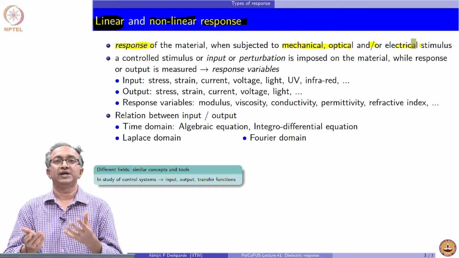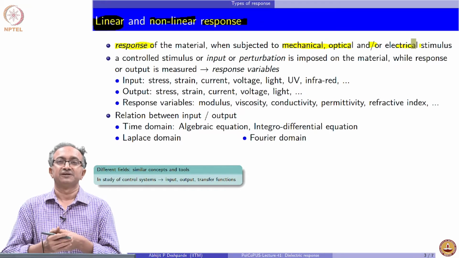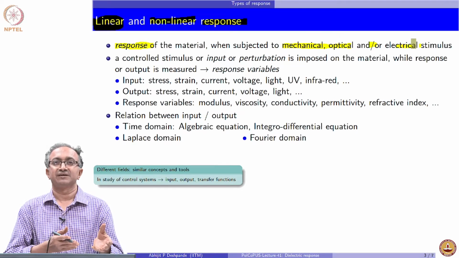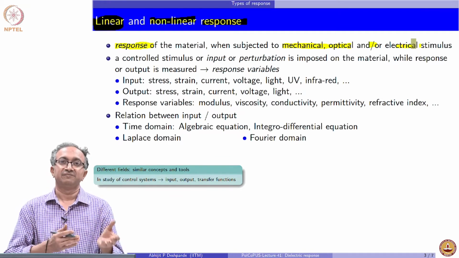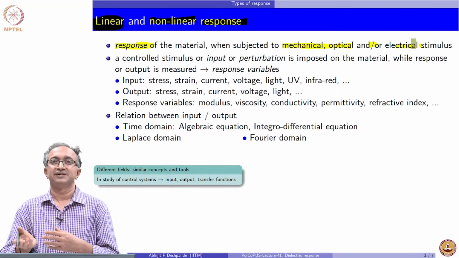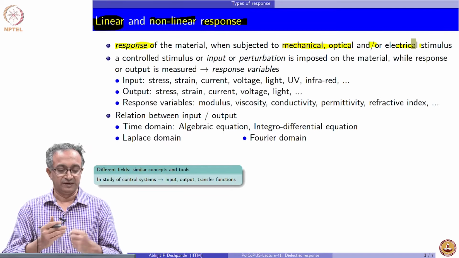So, therefore, we have many of these response variables defined as inverse of each other. So, modulus is there, but then inverse of modulus is compliance. Similarly, conductivity is there, but inverse of conductivity is resistivity. So, depending on the variables of interest, the response variable will differ.